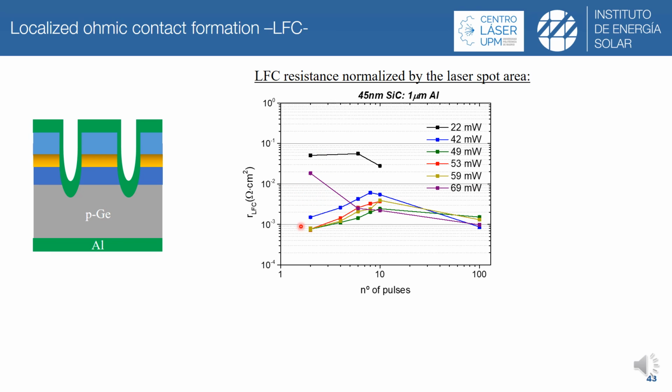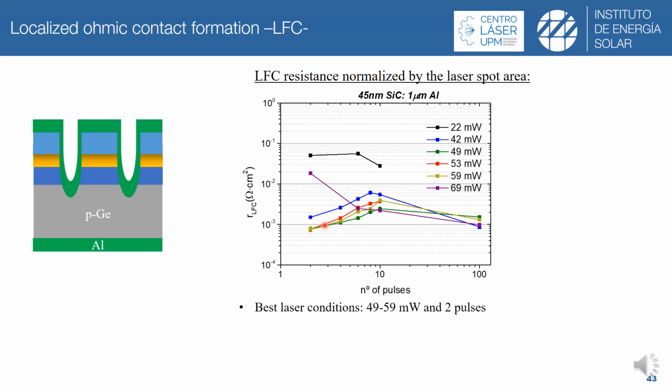If you look at the tendencies with the number of pulses, similar trends are obtained for most of the laser conditions, in which a worsening of the laser fired contact resistance is observed when we increase the number of pulses from 2 to 10, with a slight improvement when we increase it from 10 to 100 pulses.